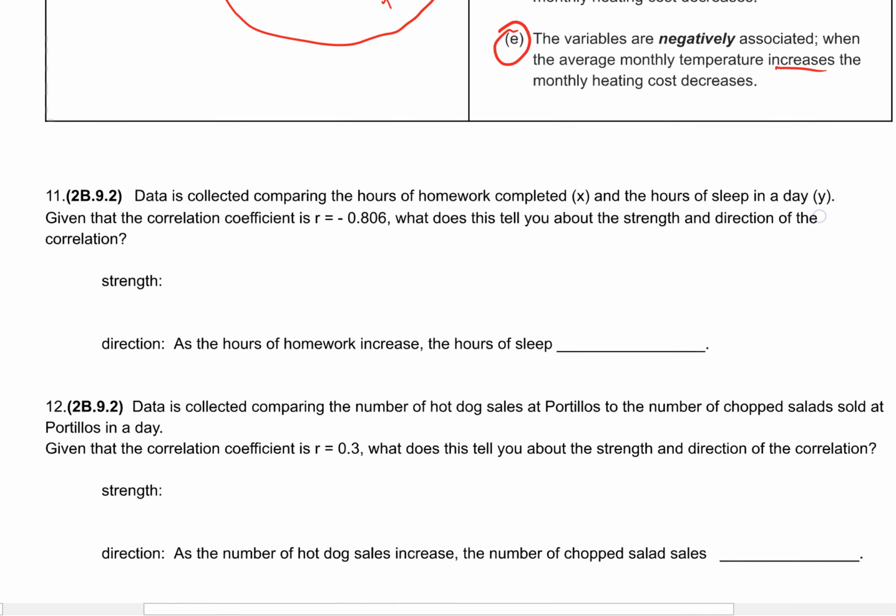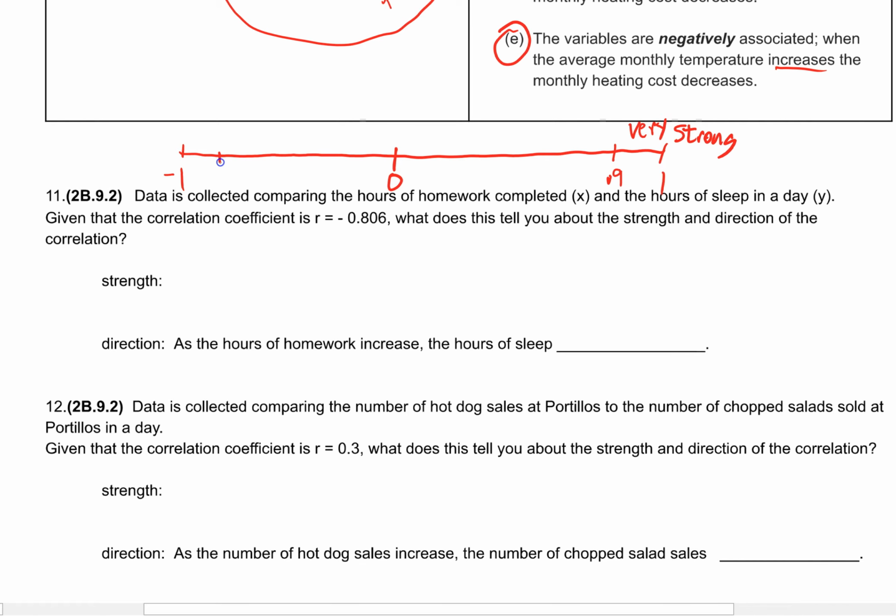As we're looking at number 11, we need to make some sense about strength. Just helping you out, on a scale where 1 is over here and negative 1 is over there, from 0.9 to 1, we say is very strong.